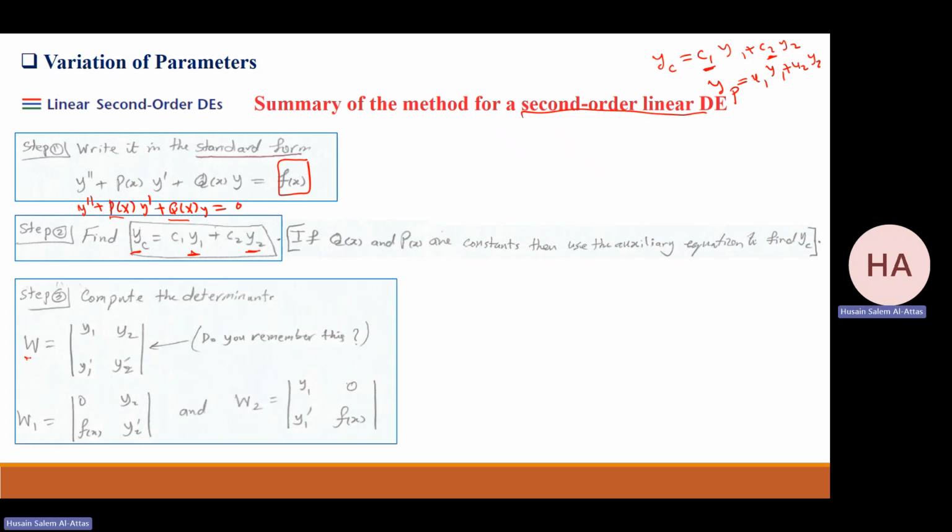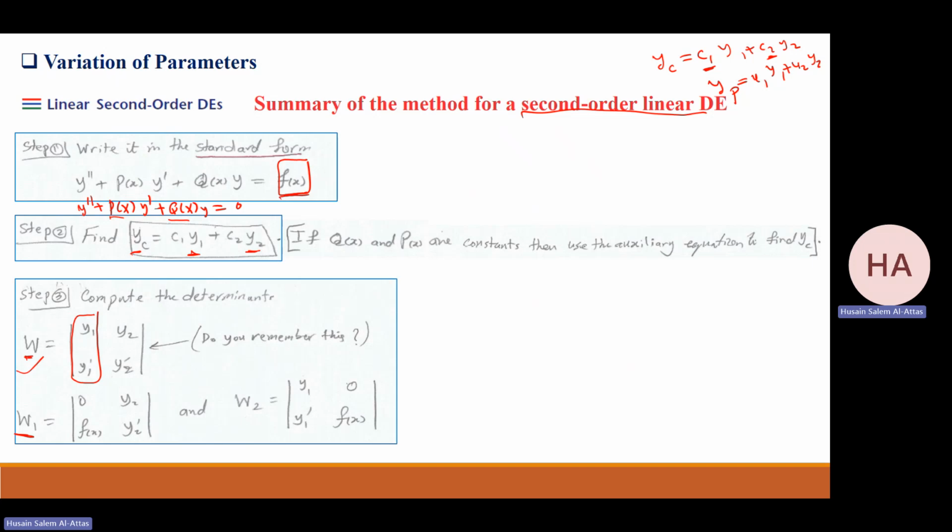Now I'll work with W, the Wronskian, which is the determinant of y1, y2, y1 prime, y2 prime. I find W. Then I find W1. What's W1? I remove the first column and replace it with 0, f of x. I need f of x where the coefficient of y double prime is 1, where the equation is in standard form.